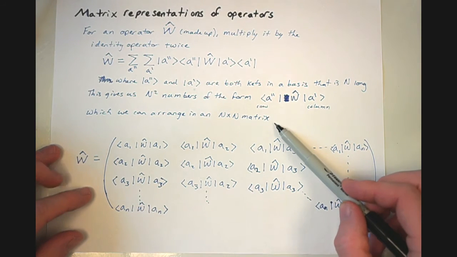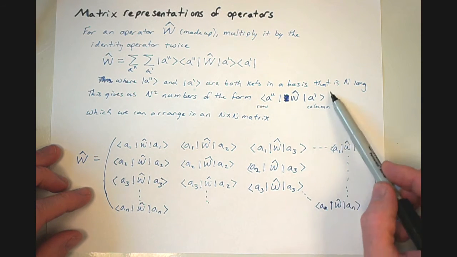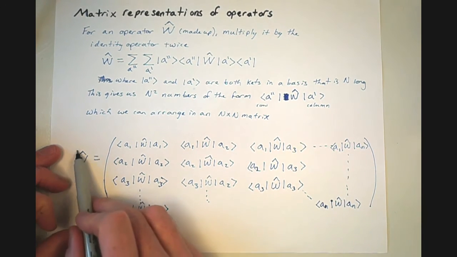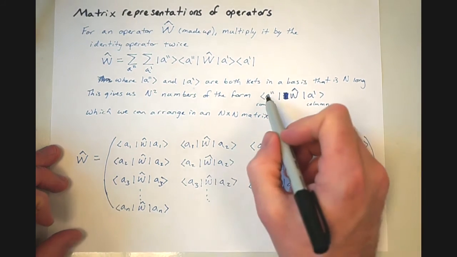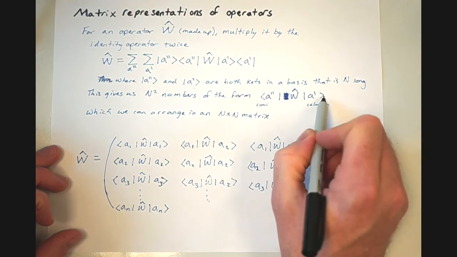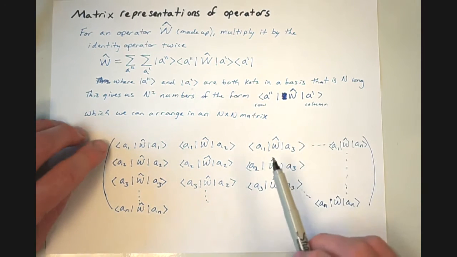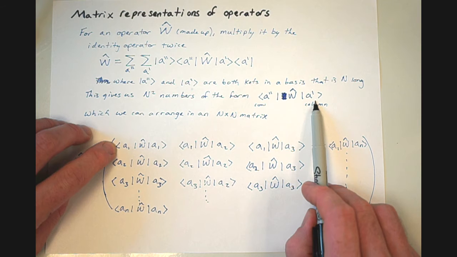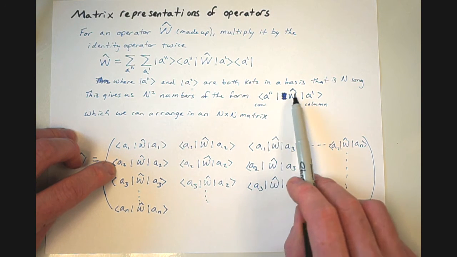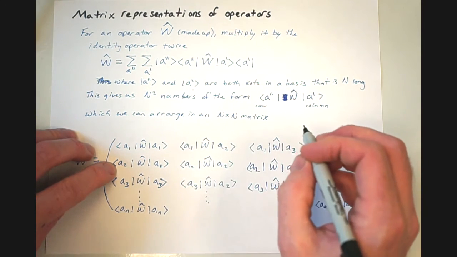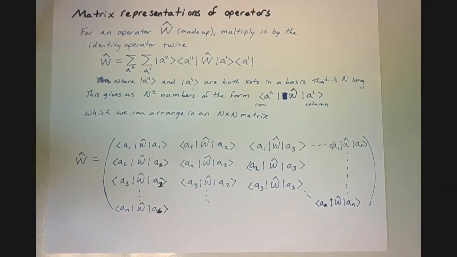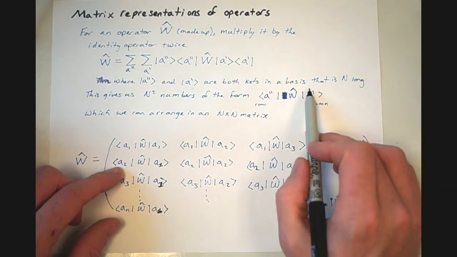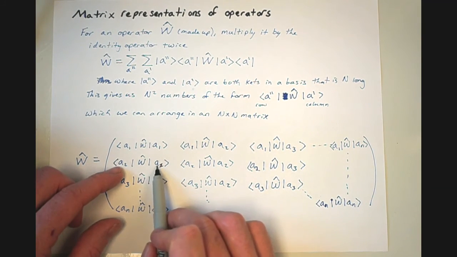Following again rules from linear algebra that I can sort of just skip, I'll show you the answer here. Our W operator then has each of these elements spread throughout. So this is A1 row, A1 column, A2 row, oops, and then this is still our first column, so correcting that there.